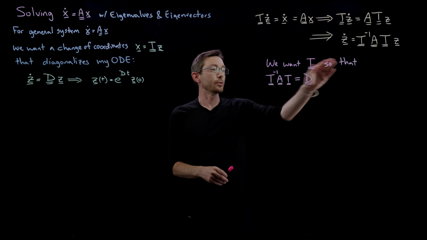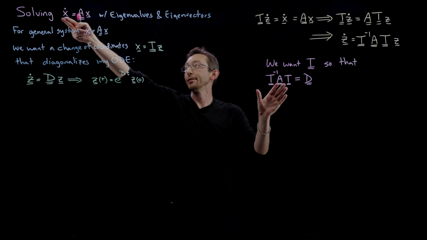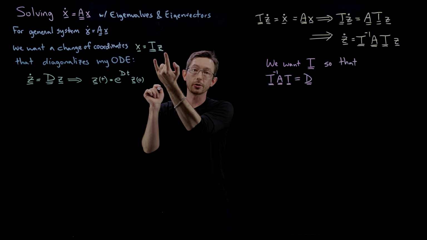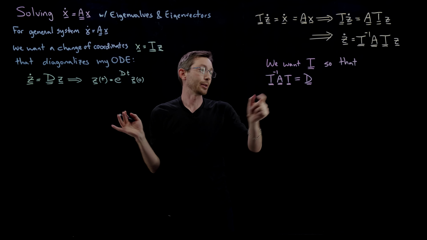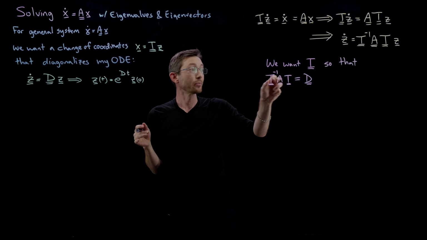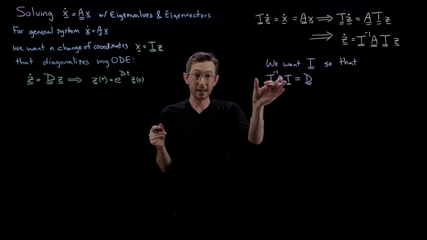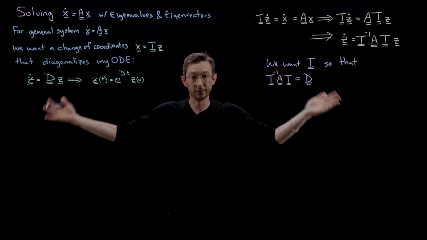So we want a T so that this is true. We had this system, and we want to find a coordinate transformation that diagonalizes our dynamics. And if we had a T so that T inverse A T equals a diagonal matrix, we've done it.